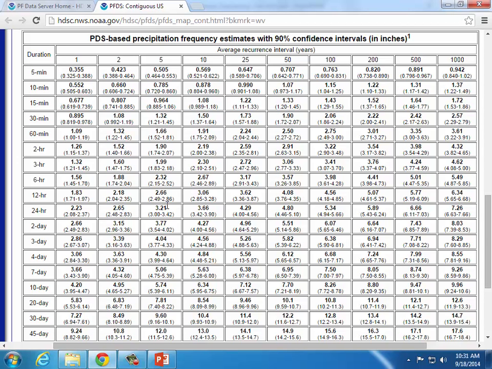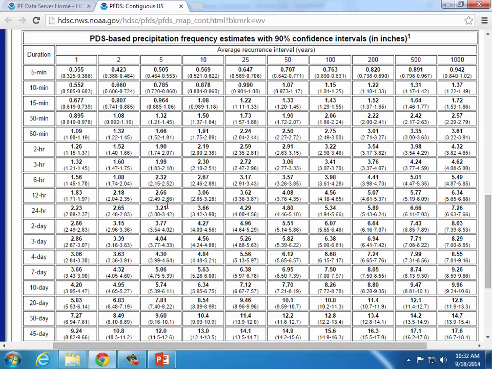And so the formula to convert between the two is that depth is equal to intensity times time. And so when I'm switching back and forth between the two, it's either showing me the depth or the intensity, and it really only knows one of them, but it's just multiplying by whatever time there is in order to generate the rest of the table.